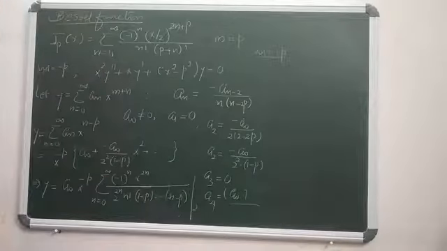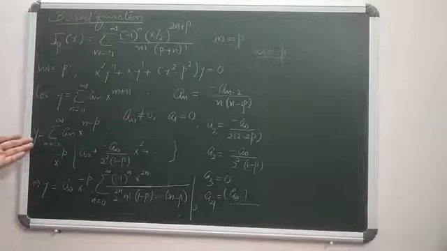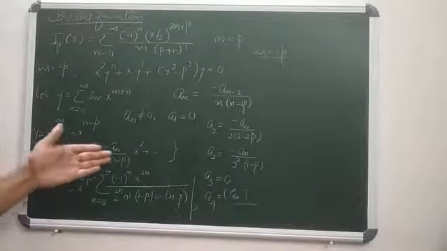After substituting all these values, a0, a2, a4, a6, etc., and all the other values being zeros, then we have y equals x to the power minus p into this series.